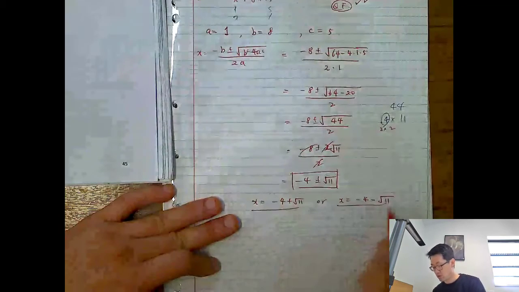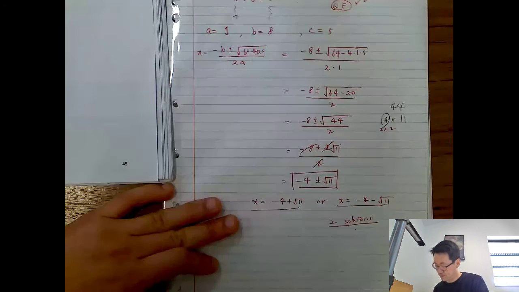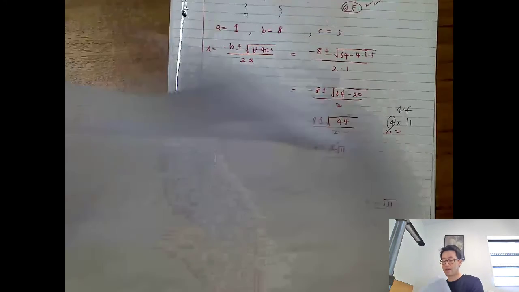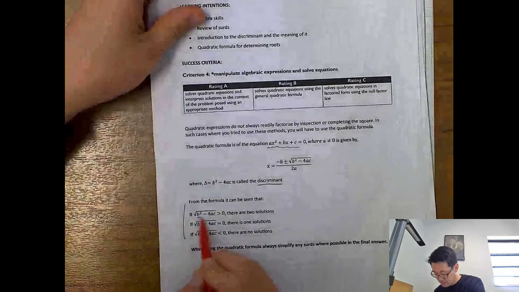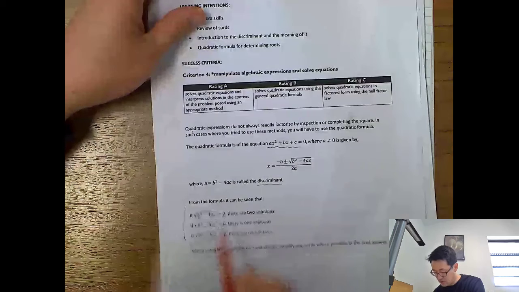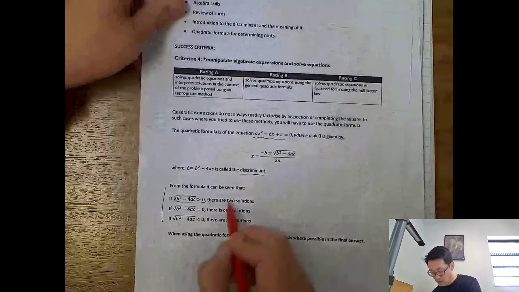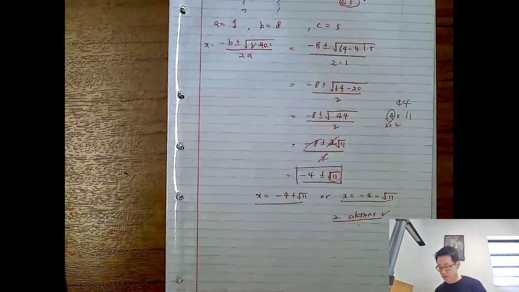So we got 2 solutions. Well, I didn't really cover, but when we go back, I said that the discriminant is bigger than 0. In this case, yes, that's bigger than 0. So how many solutions do we have? We got 2 solutions. I'll talk about that next chapter.